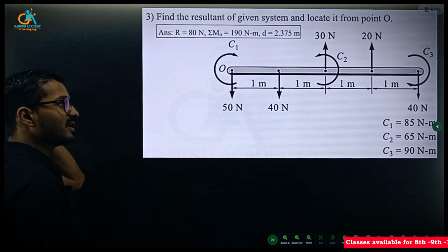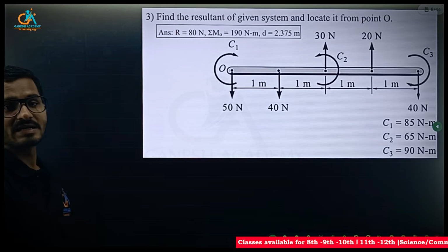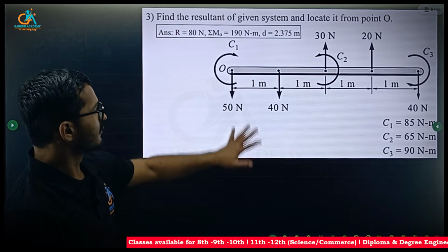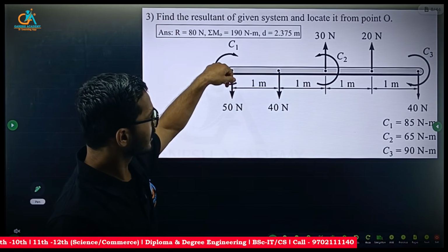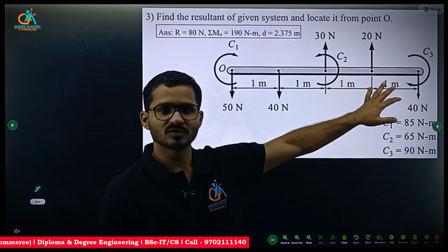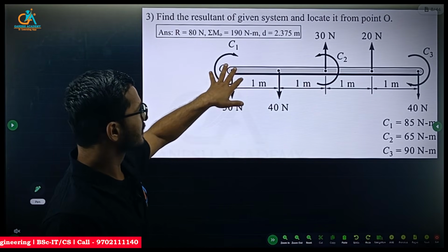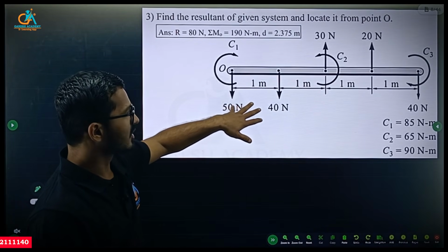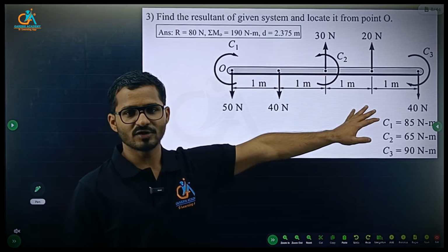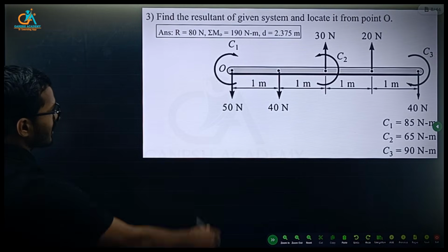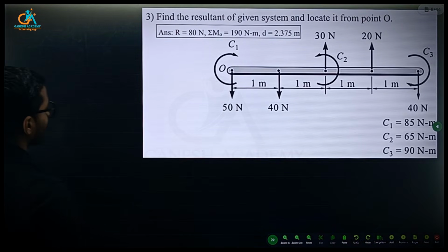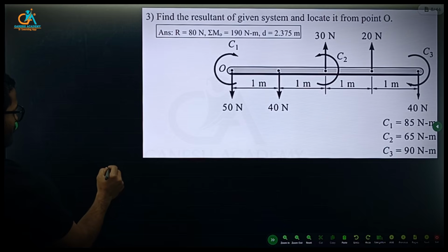So first we need to find the resultant force. Now all the forces, all the point loads vertically downward or upward, those are a parallel force system along with the couples. So obviously there is no x component of the resultant, so directly we are going to consider the resultant that is equal to summation of y component of the forces.